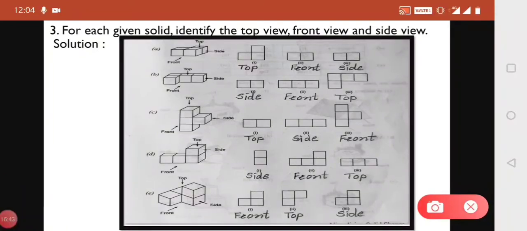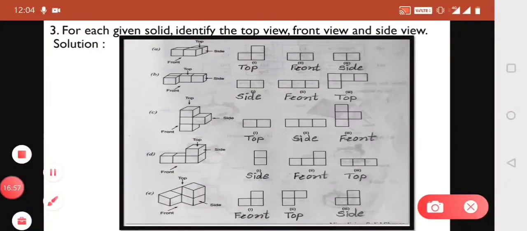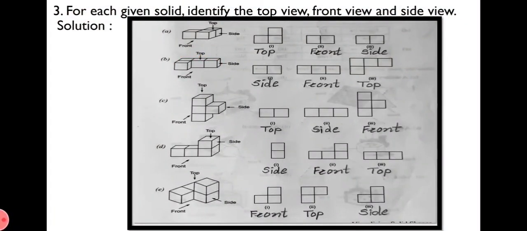When we look from the front, we can see 1, 2 and these 3 squares, so this is your front view. Then the third view is given, where 4 square faces of the cube are seen. From the top we can see 1, the back side, 3 and 4, so that is the top view. Similarly, we have to solve all the questions by recognizing the number of square faces of the given cubes.